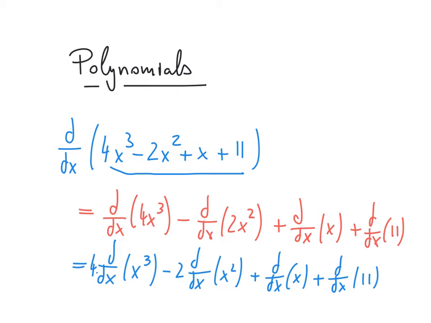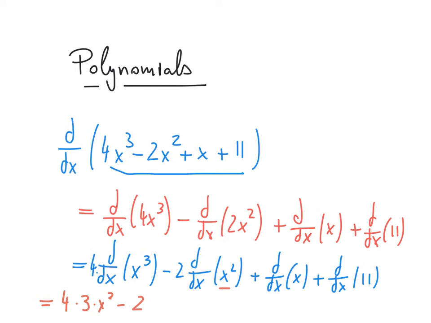So we can now evaluate actually all derivatives involved here. So this would be 4 times, and now I would use the power rule, so I have to multiply by the original exponent and then take x to the original exponent minus 1, so in our case 3x squared, minus 2 times, I'll carry over the constant, the derivative of x squared.